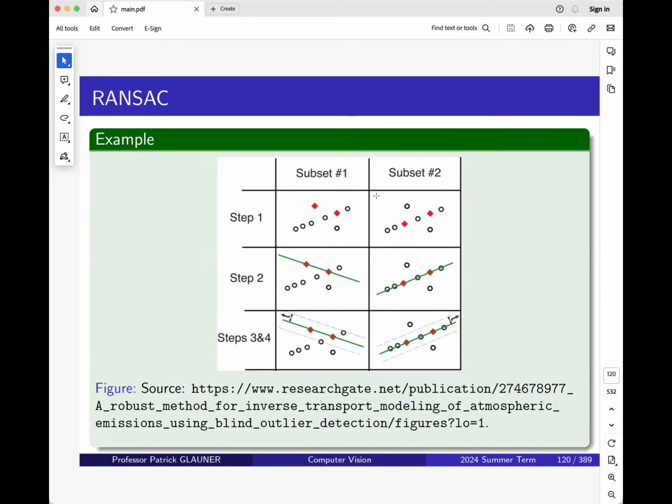But it's noisy, so there's not just data of the straight line, but there's more in it. And with RANSAC, I would randomly pick initially some of these points. If we apply it to line detection, we would pick 2 points, first of all. And then I try to put a straight line through that, which is step 2.